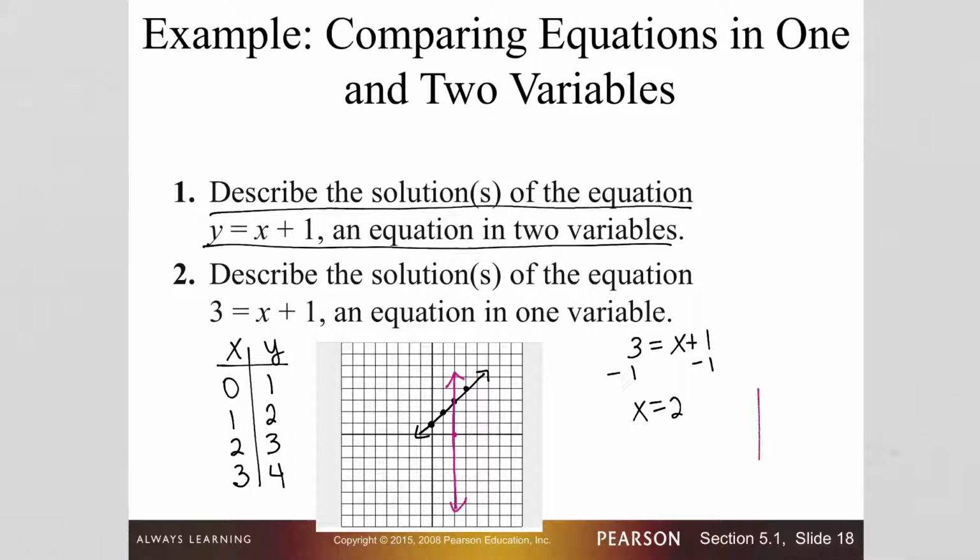So the solutions to that, no matter what, because there's nowhere to put anything for y, you could have any number you want there, you're only going to have 2 in the x position. So this one is a vertical line. This one has a slope of 1.